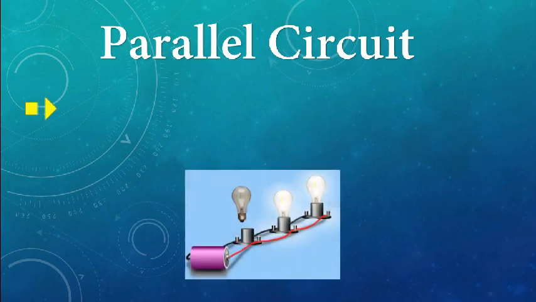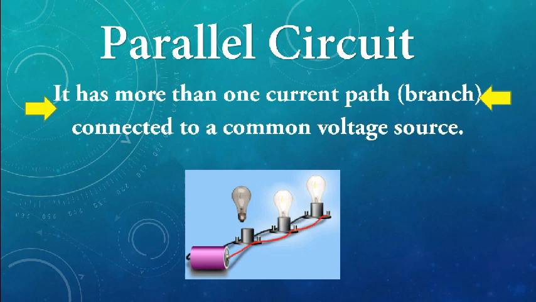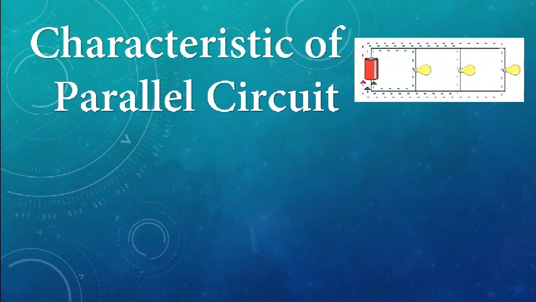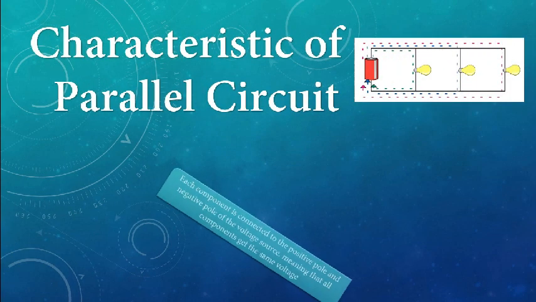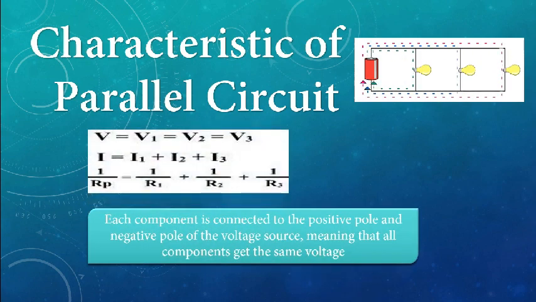Parallel circuit. Parallel circuit has more than one current path connected to a common voltage source. The characteristics of parallel circuit: first, each component is connected to the positive pole and negative pole of the voltage source.